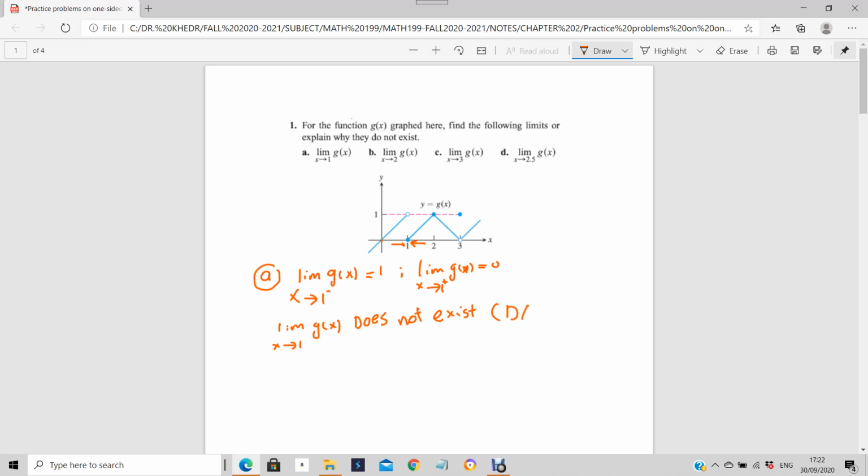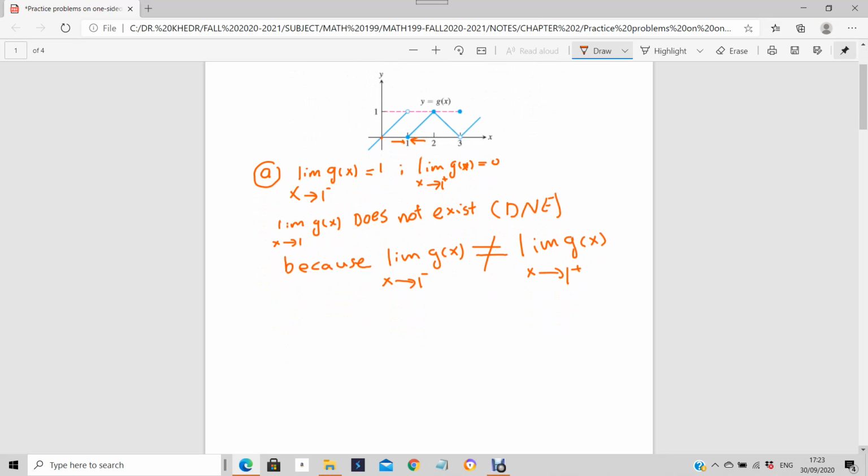We have to explain why: because the limit of g of x as x goes to 1 from the left side does not equal the limit of g of x as x goes to 1 from the right side. So the one-sided limits are not equivalent. That's why the limit of the function does not exist.